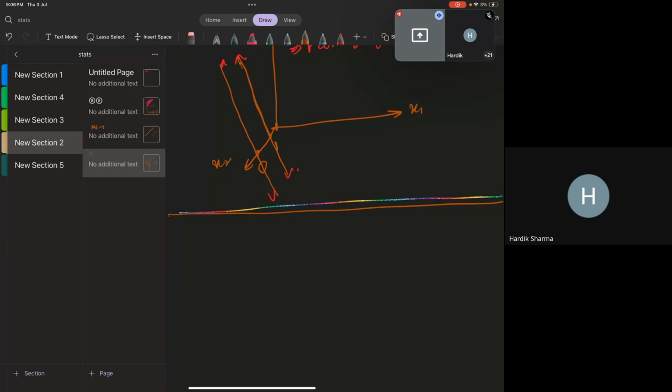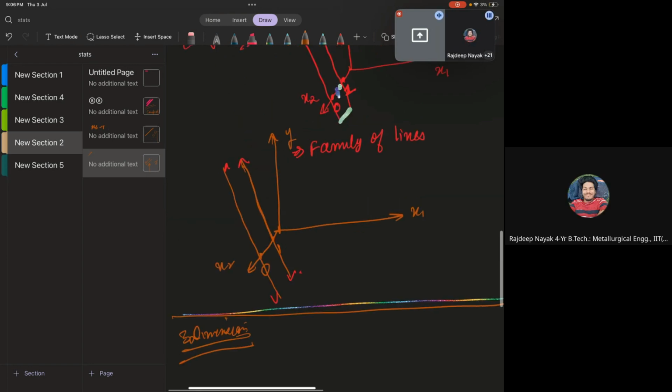That is what I was telling you the other day, that the geometry of multiple linear regression is not always a plane when it comes to 3 dimensions. It can also be what? It can be a family of lines. Clear, everyone? Yes. And why can it be a family of lines when one of your data is categorical? Let's say there was male, woman, and other.